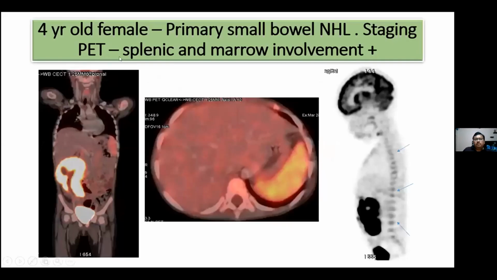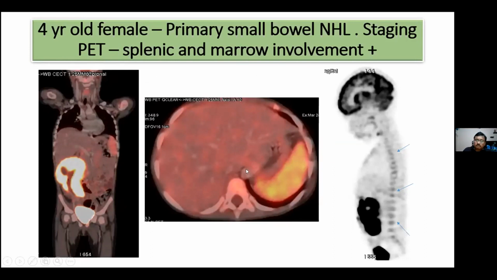A 4-year-old female, primary small bowel NHL, staging PET, we see splenic and marrow involvement. Now you see the spleen is generally less than the liver. Here you see the spleen shining compared to the liver. The spleen is hot compared to the liver. So this is at staging.